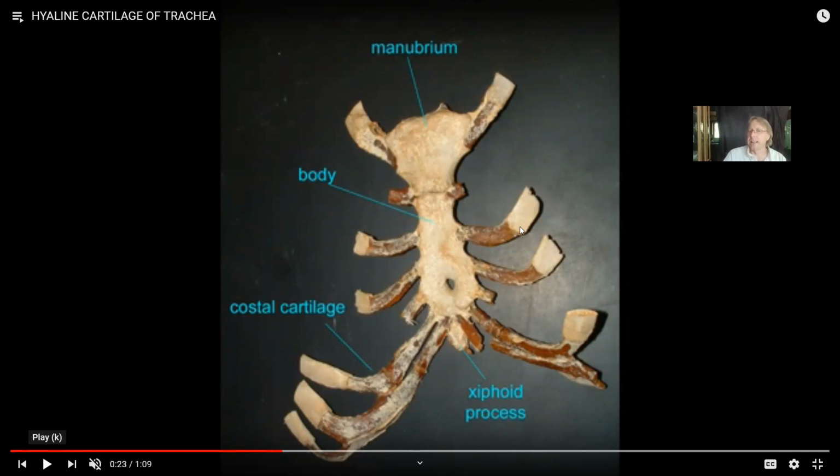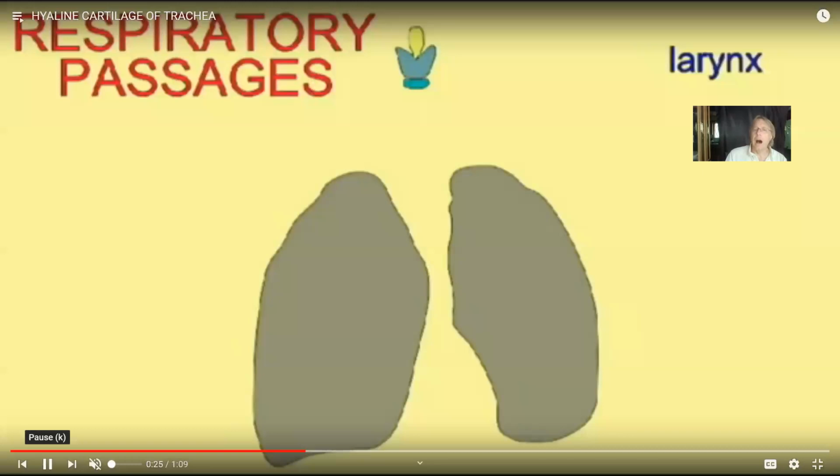Here you can see hyaline cartilage where the ribs meet the sternum. These are called costal cartilages. The trachea and larynx are made of hyaline cartilage, and that's what we'll see under the microscope here.